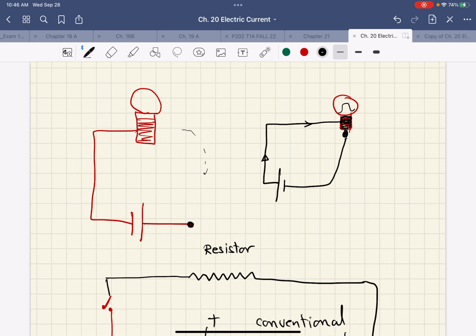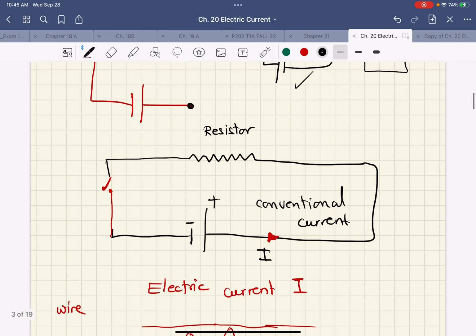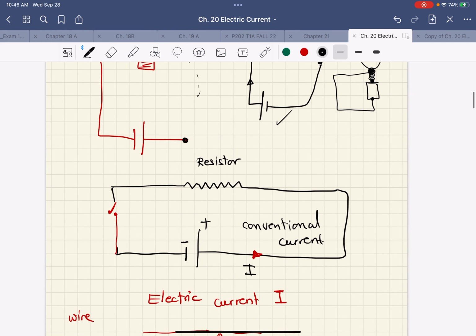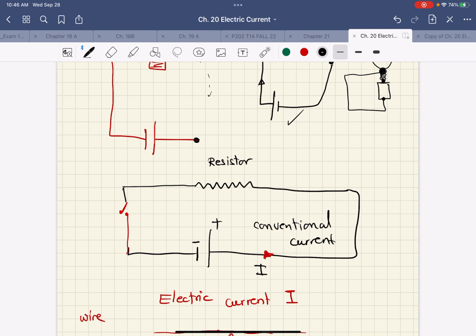What he did is actually this. In an actual picture, the battery was here, and then he connects that wire here. This is the circuit.